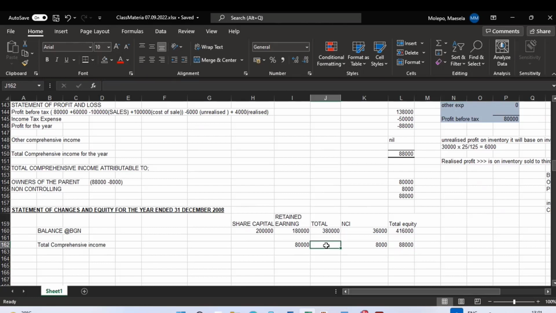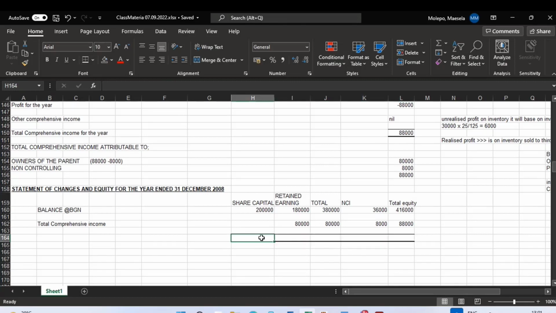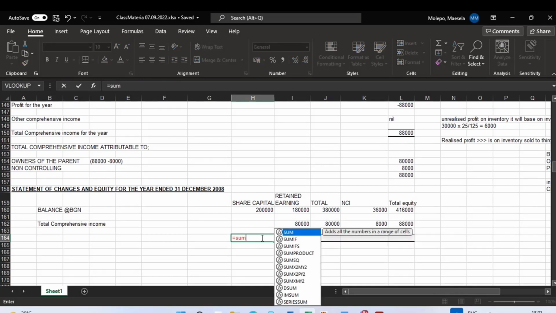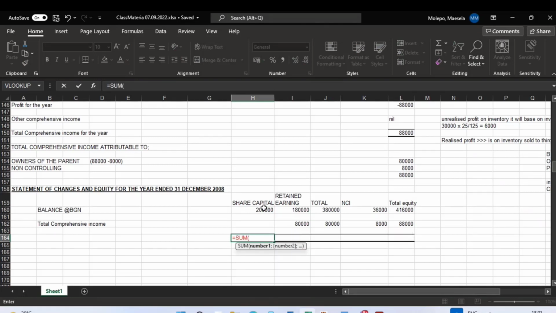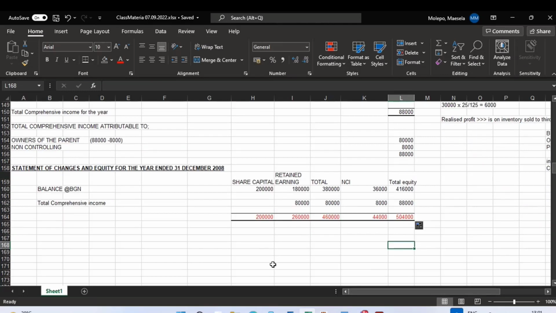We are still fine. Then we can close our statement of change in equity. Then we can go to the statement of financial position.